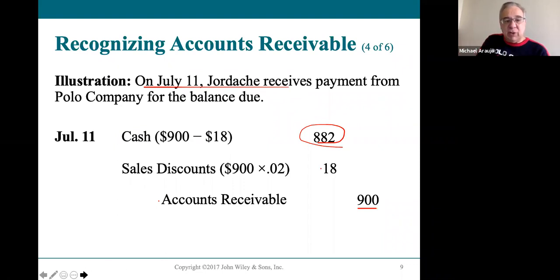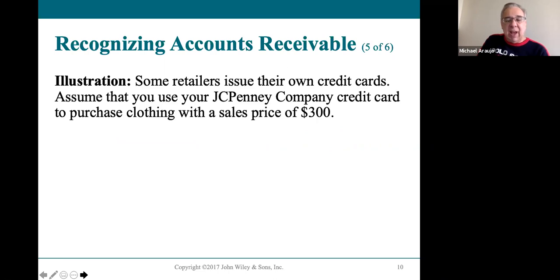So this is one of the interesting things with receivables. This doesn't happen as often, but a lot of retailers used to have their own credit cards. Now they basically outsource that and partner up with banks. But some retailers, you would have like a JCPenney card with JCPenney, a Macy's card with Macy's. Now you can still get a Macy's card, but they use a bank to do all that stuff.